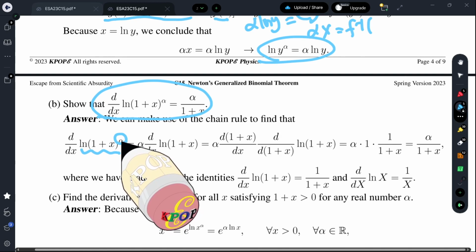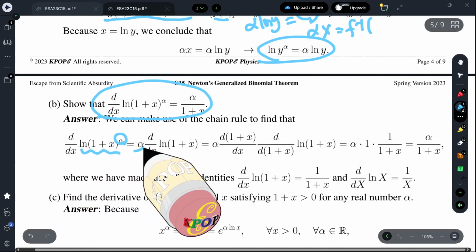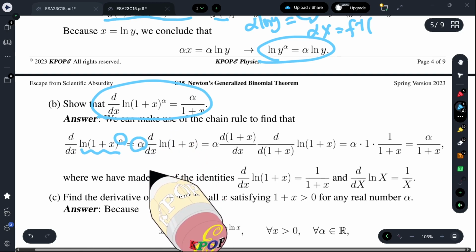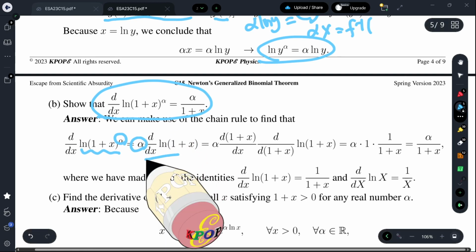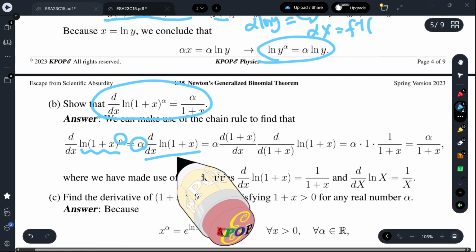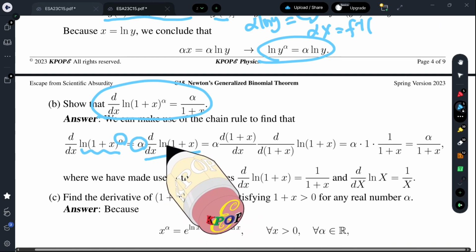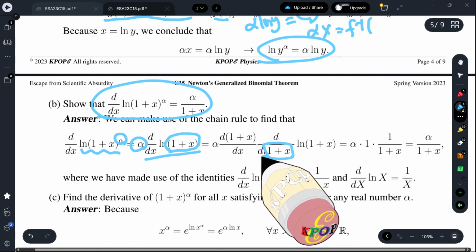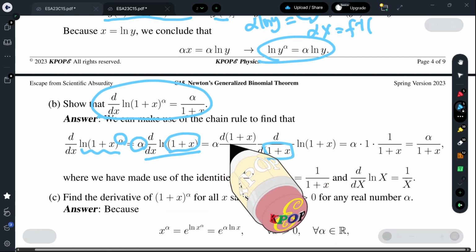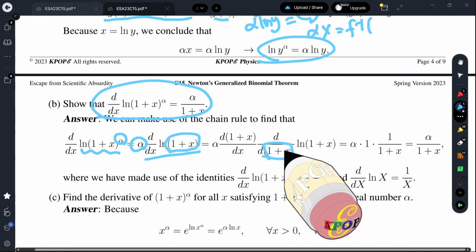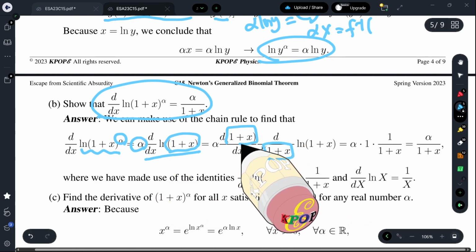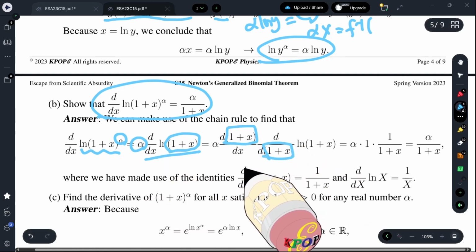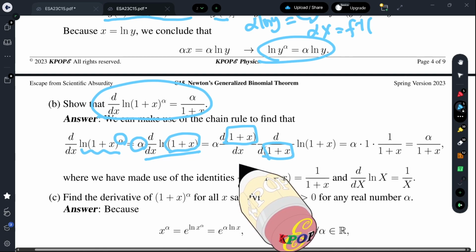It has nothing to do with the derivative. So I can pull this alpha out of the derivative. And then we can make use of the chain rule. We first take the derivative with respect to this one, and then take the derivative of this one with respect to x. This is called the chain rule we have just studied.